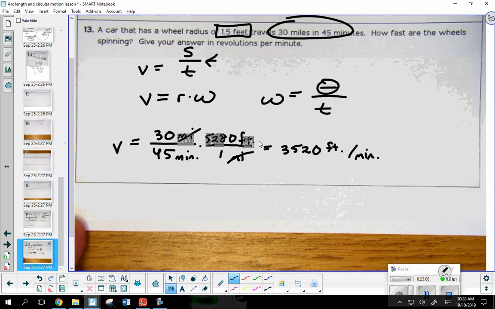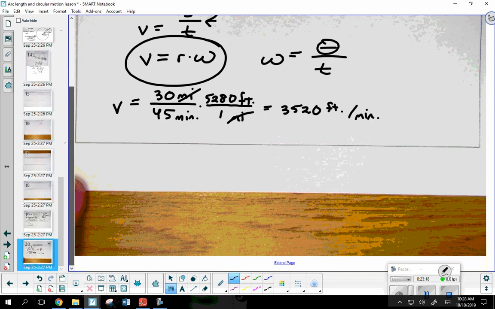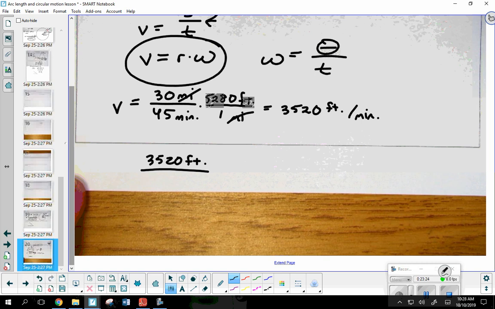Now that I have the speed using the same measurement as the radius, I'm going to figure out what the angular velocity is. We found V to be 3,520 feet in 1 minute, equals, what was the radius again? 1.5 feet, times omega.